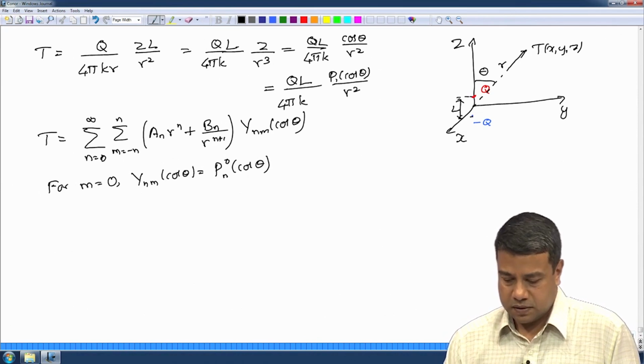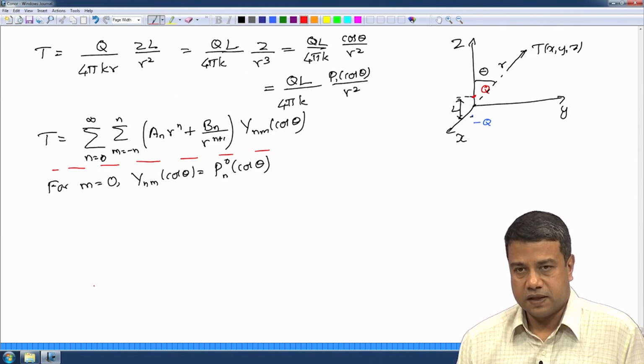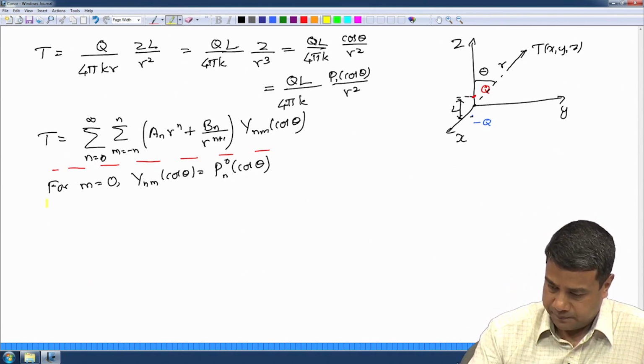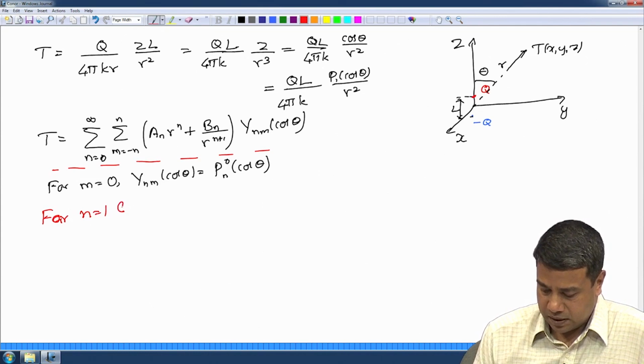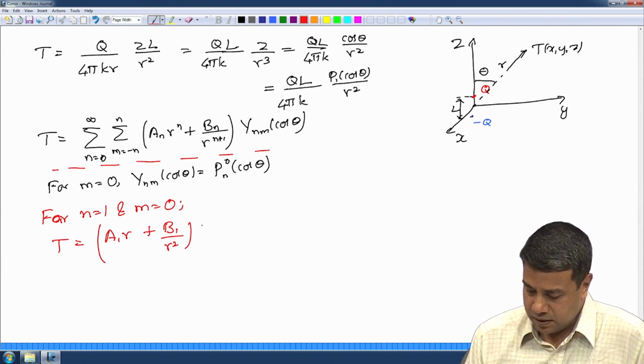So, if you take this expression and take the value for n is equal to 1 and m is equal to 0, the temperature becomes A1 r plus B1 by r square, into P1 of cos theta.